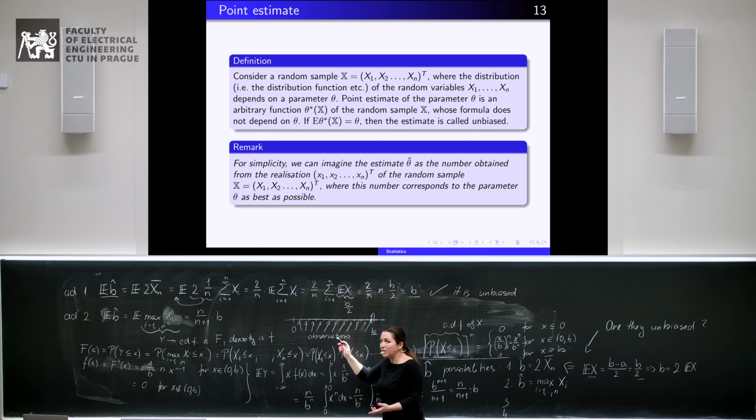Because we have n intervals, but it means that we have n plus 1 boundary points. And that's it. It means that when n is very, very large, we are very close to b.